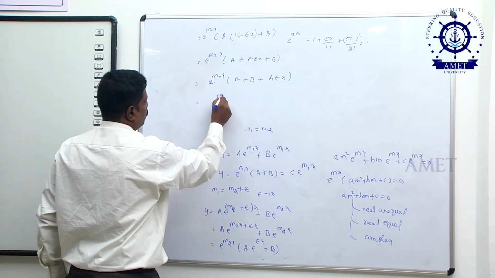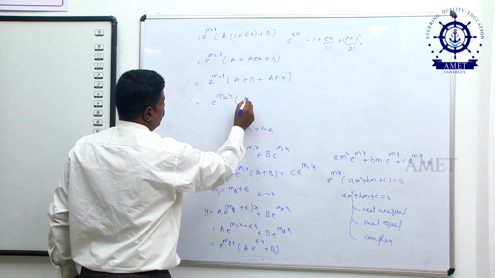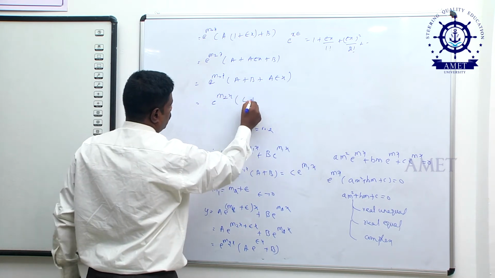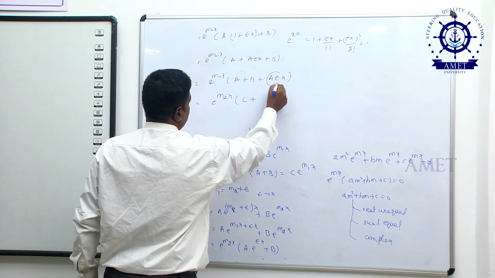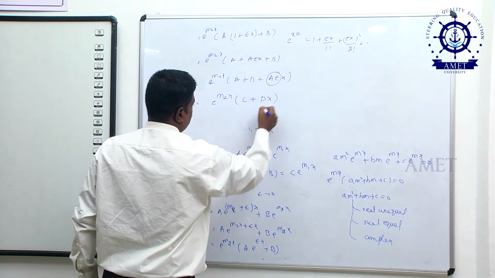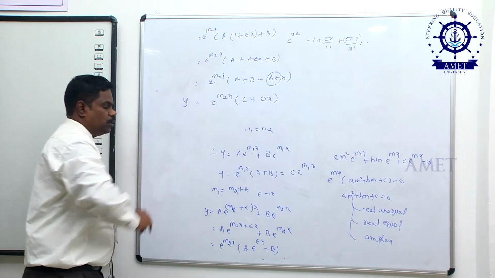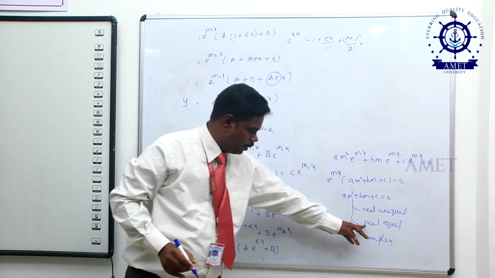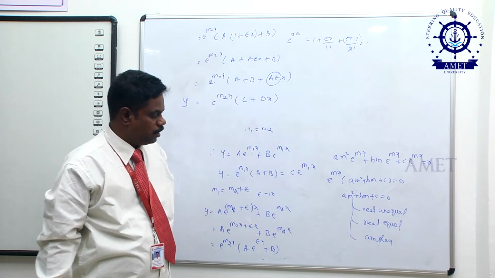This is e power m2x (a plus b), I am taking as c, already we have taken that. This is a epsilon, take it as d, into x. So this is for the second case, whenever the roots are real and equal.